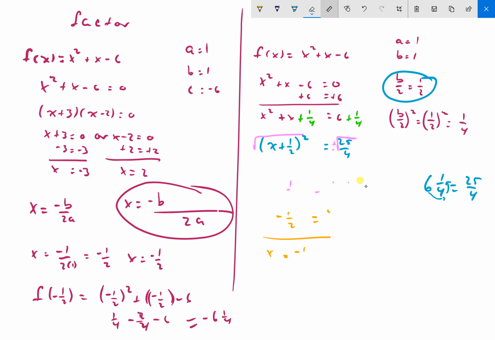So here's what I'm going to do. Erase all this. Now I'm going to go back to here. And that was 25/4. Now, actually, I am going to leave that as 6 1/4, and you'll see why in a moment.